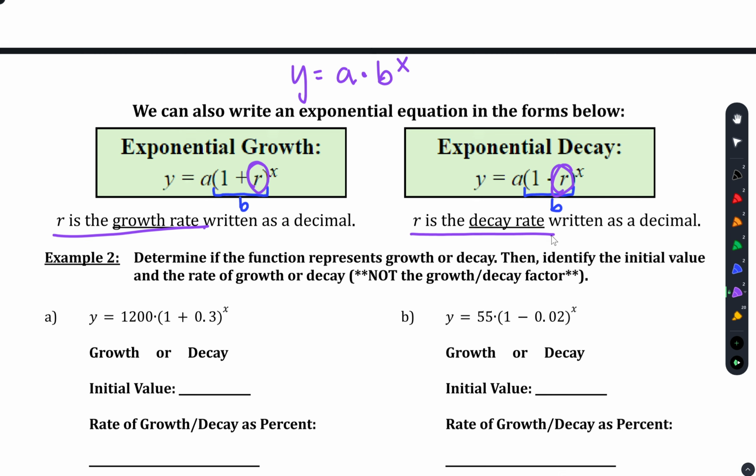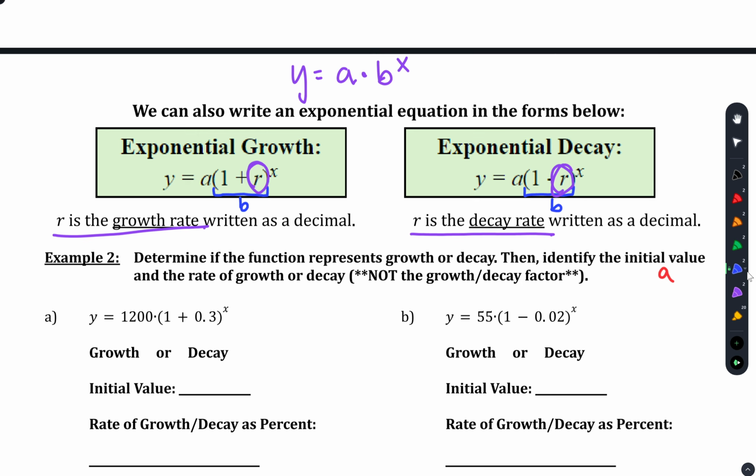Okay, so the difference in these problems, if we take a look, it says determine if the function represents growth or decay. We're going to do that the same way by looking at the b value. Then we're going to identify the initial value, which of course is our a value. And then it says, and the rate of growth or decay, not the growth/decay factor.